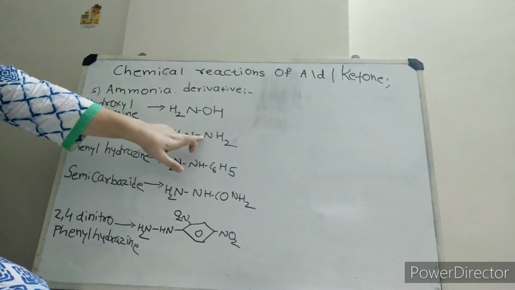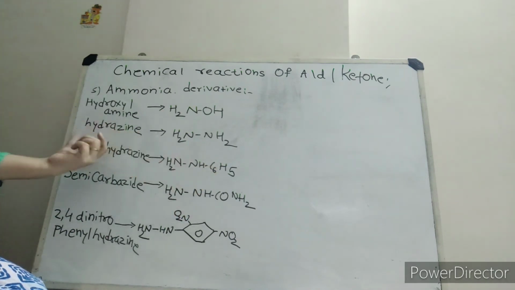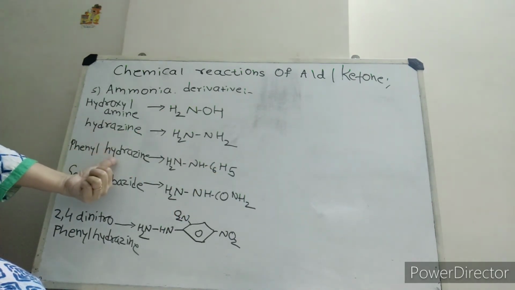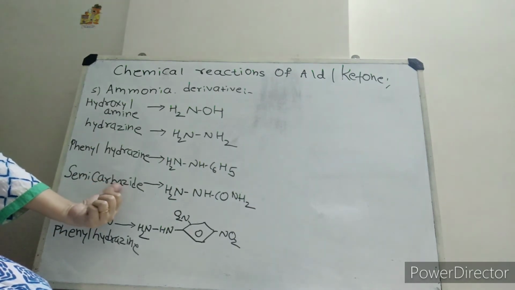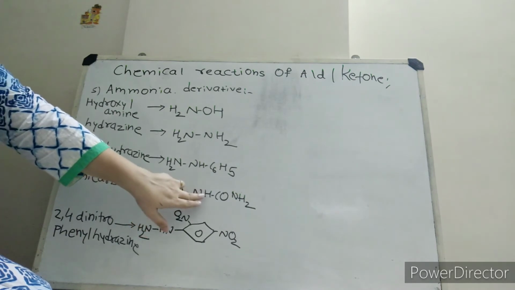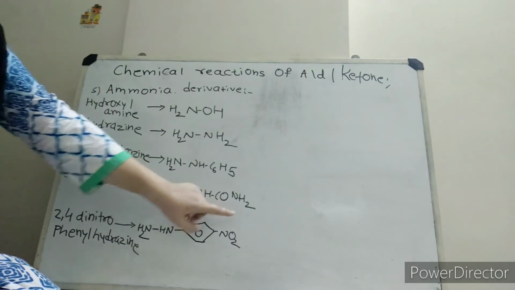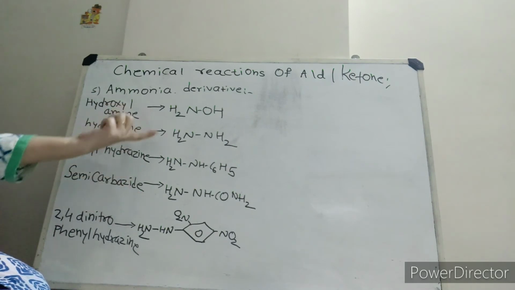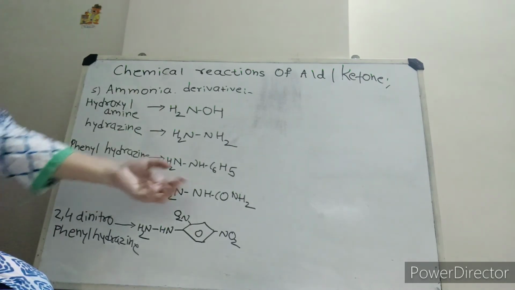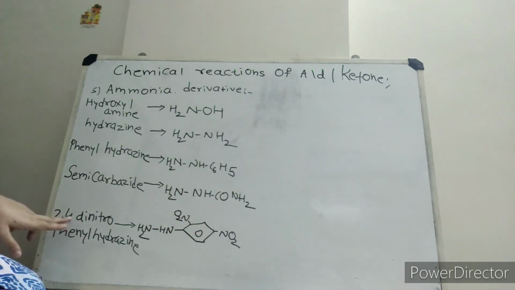Now if from the hydrazine one hydrogen is removed and C6H5 is placed, then it is known as phenylhydrazine. Semicarbazide: it means NH2NH, and instead of C6H5 if we put CONH2, then it is known as a semicarbazide group. Hydrazine has 2 nitrogens, semicarbazide has a total of 3: 1, 2 and 3. And the last one is 2,4-dinitrophenylhydrazine.